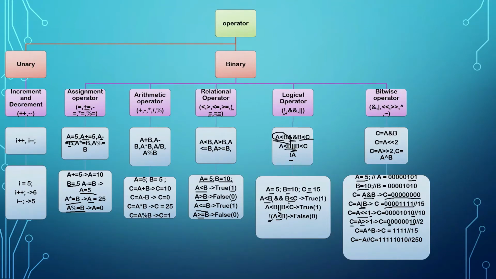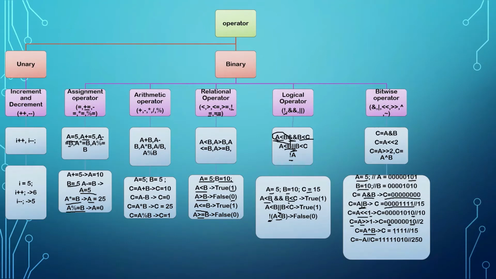This is exclusive OR. Here, if both the values are different, it returns 1. If both are the same, it returns 0. So consider an example here: 1 0, it returns 1. 0 1, it returns 1. 1 0, it returns 1. 0 1, it returns 1.